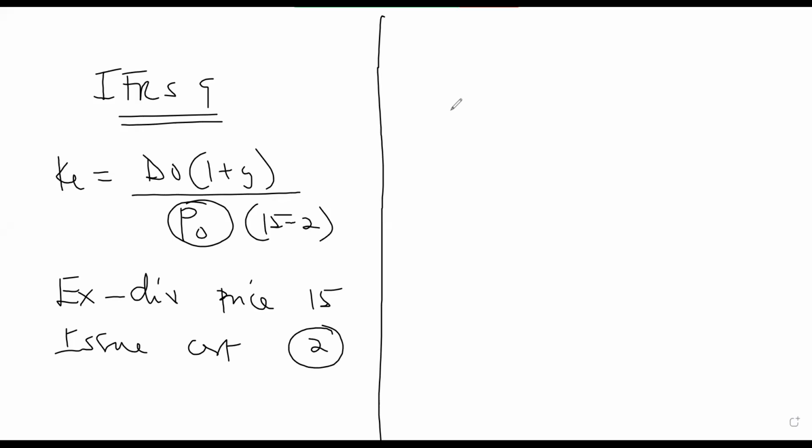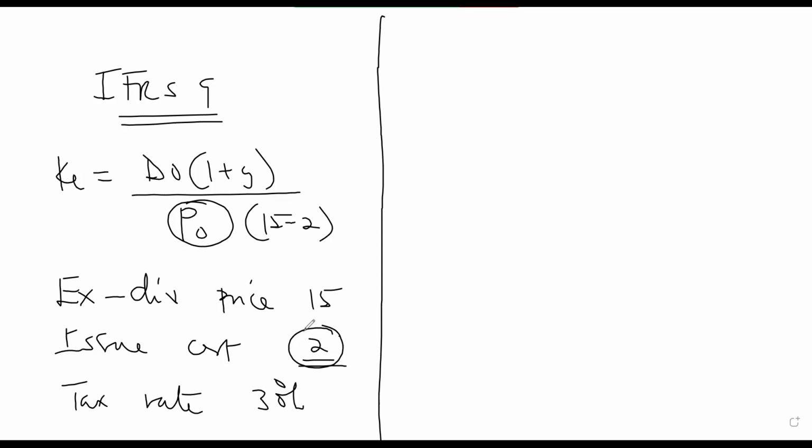Okay, the question can also say that the issue cost is tax deductible, and the question will give you the tax rate. So they can give you a tax rate of 30%. The cost that we are incurring on the issue is 2 cedis, but this particular cost is going to give us a tax benefit of 30%.